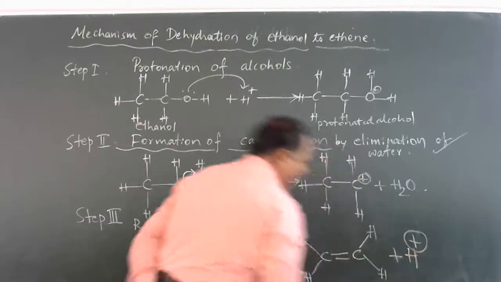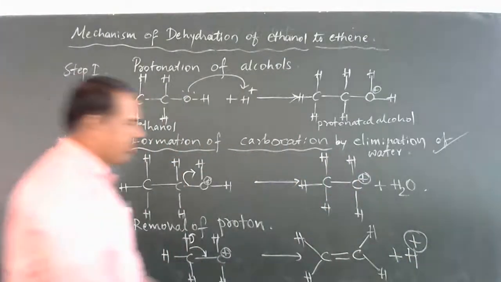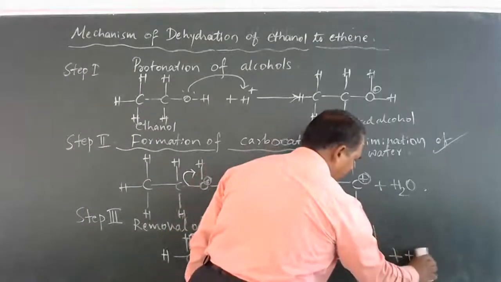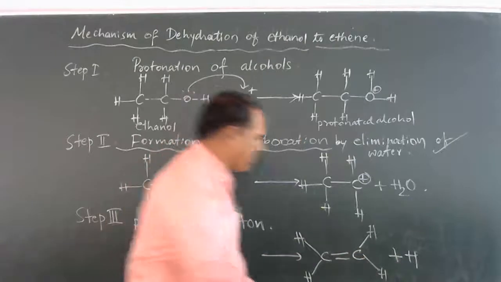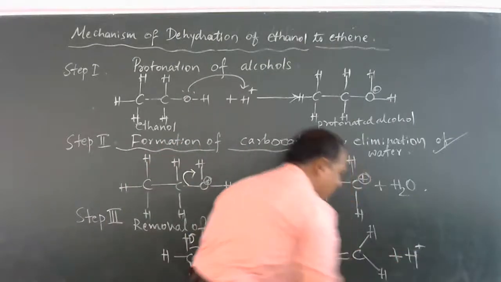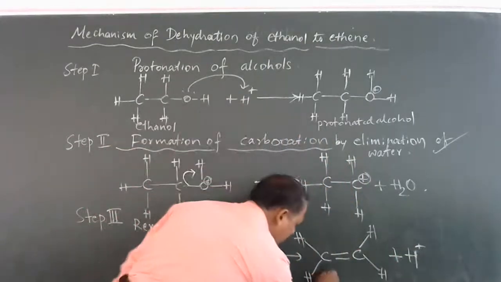This is very important. One proton is eliminated, no charge. So one H is removed. You can write H plus. Okay? So this is nothing but ethene.